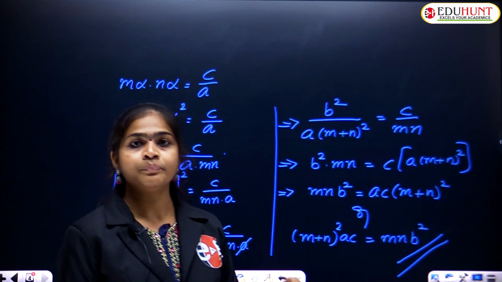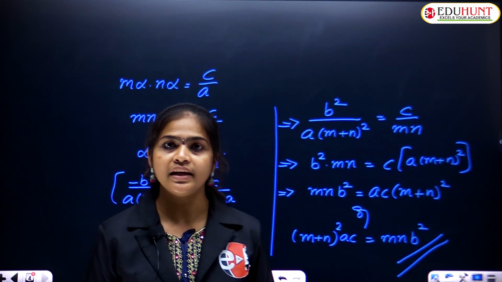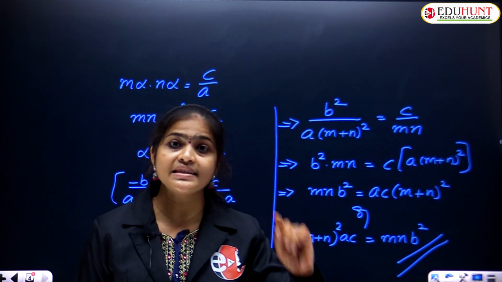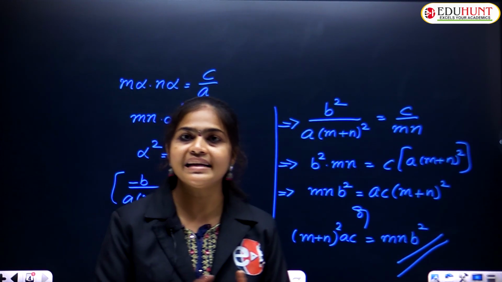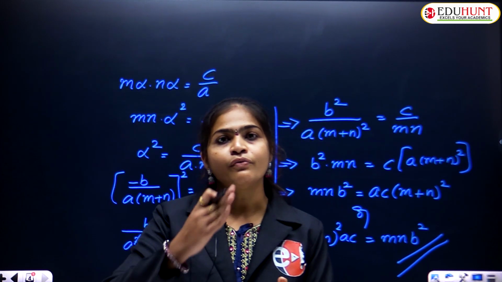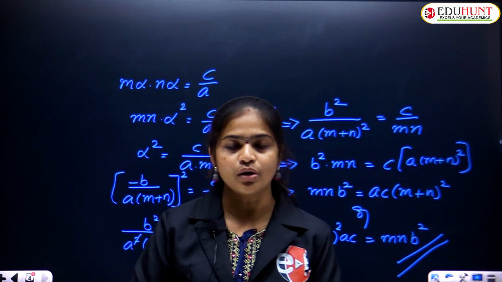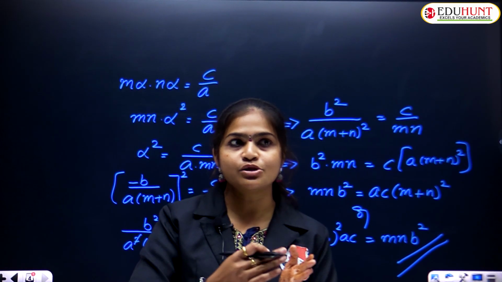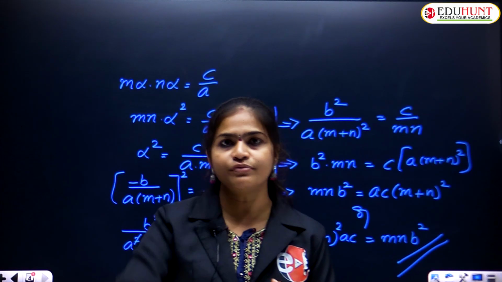In the same way, one of the roots is 2 times the other root. Another example, one of the roots is 3 times the other root. So in that case, what are the ratios? If the roots are in the ratio 1 is to k, it means one root is k times the other. If the ratio is 1 is to 2, one root is 2 times the other.